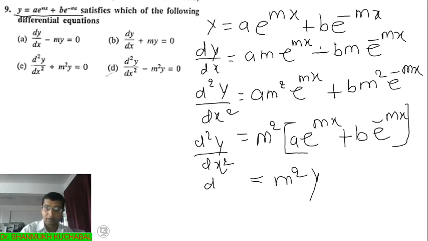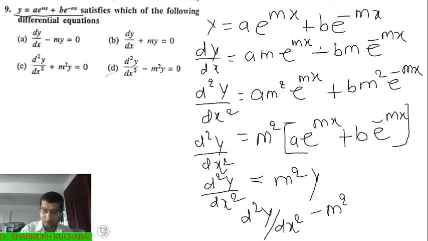So it is d square y by dx square. Further we'll take it to LHS, so we get d square y by dx square minus m square y equal to 0. Therefore option D, d square y by dx square minus m square y equal to 0, is the right answer.